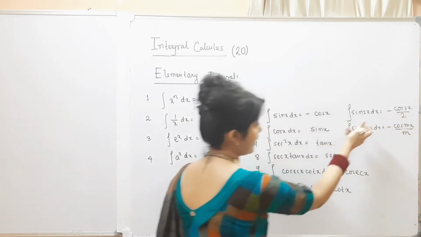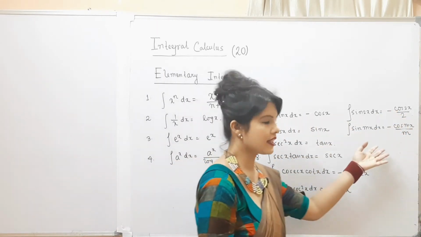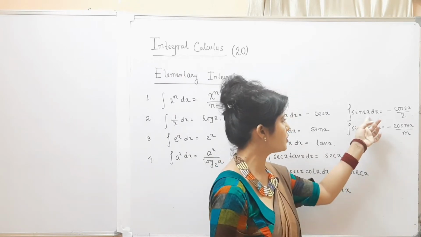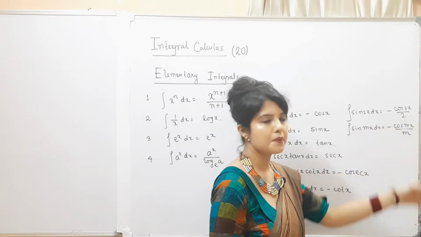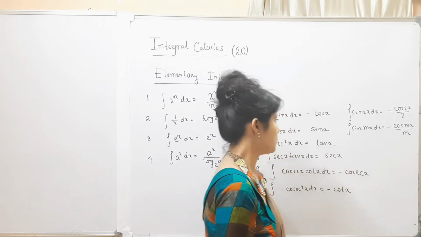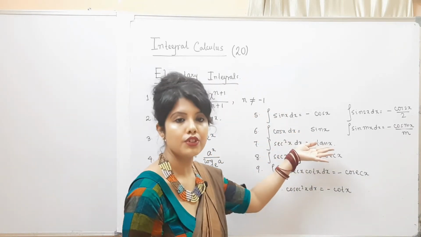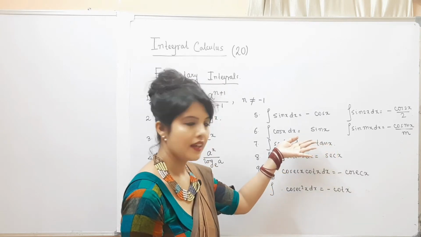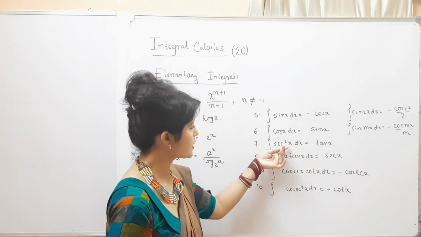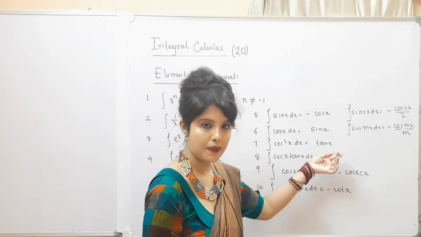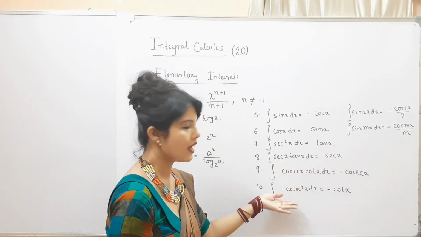Here I have mentioned the general formula. So if m is equal to 2, then you will get minus cos 2x by 2. Similarly, for cos mx you will get sin mx by m. Then in the place of sec square mx, you will get tan mx by m. Similarly for the other formulas.